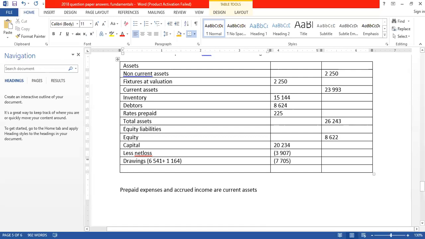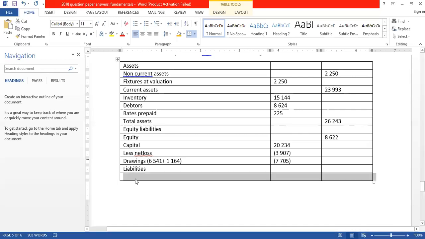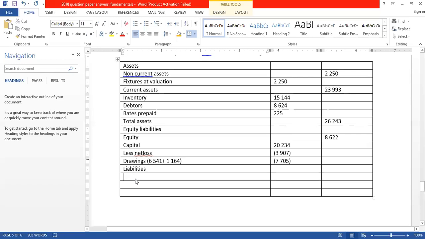And then from there we move on to liabilities. So in this case, what liabilities do we have there? Let me just go to my question.